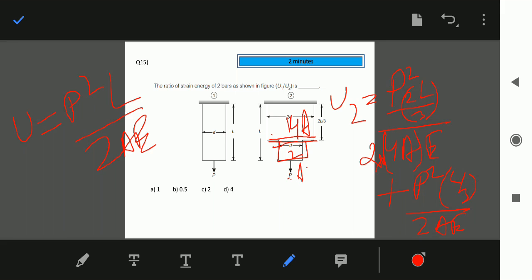Okay, on solving you will get the answer to be option C, that is 2. When you do U1 by U2, you will get the option to be 2. Okay, so good questions.